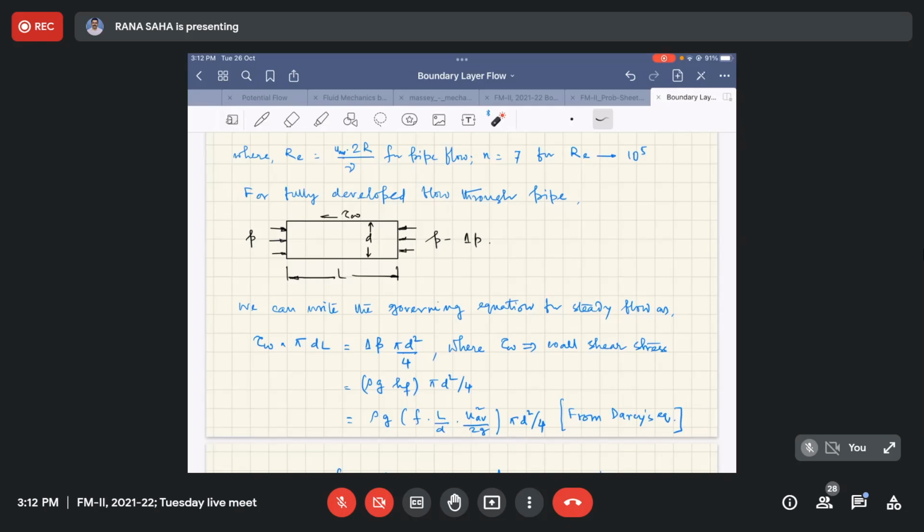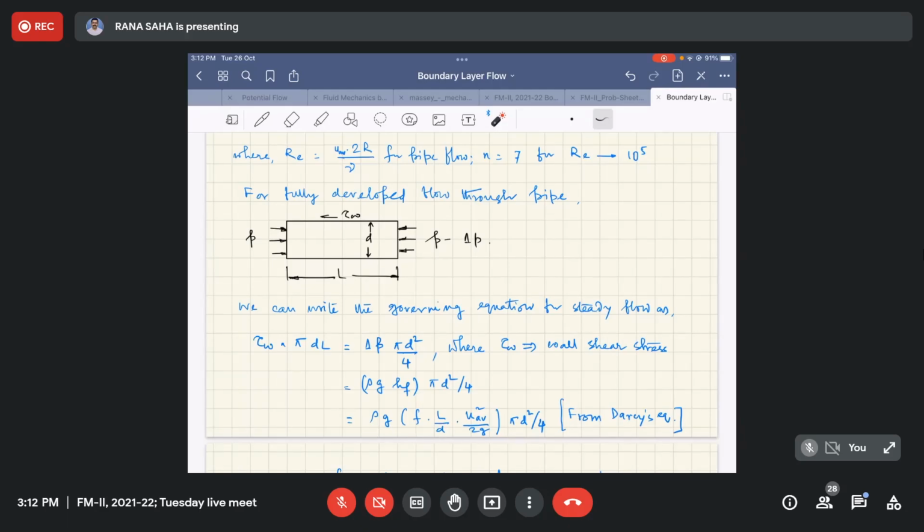As you can see on your screen, on this elemental volume, on the left hand side the pressure is P, and on the right hand side we have a pressure drop delta P that gives us the pressure P minus delta P. Apart from that, on the surface we have the wall shear stress tau W acting. As this is steady flow, the net force should be equal to 0, so there should not be any acceleration term.